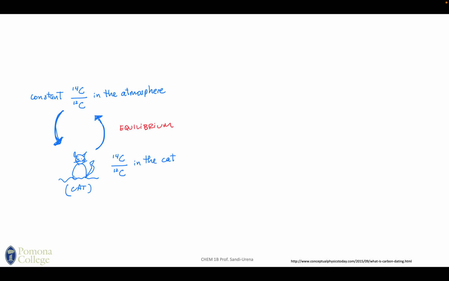First, that the ratio of carbon-14, which is radioactive, to carbon-12, which is not radioactive, is a constant in the atmosphere. We'll see where that comes from, but for the time being, we're going to say that is a constant.